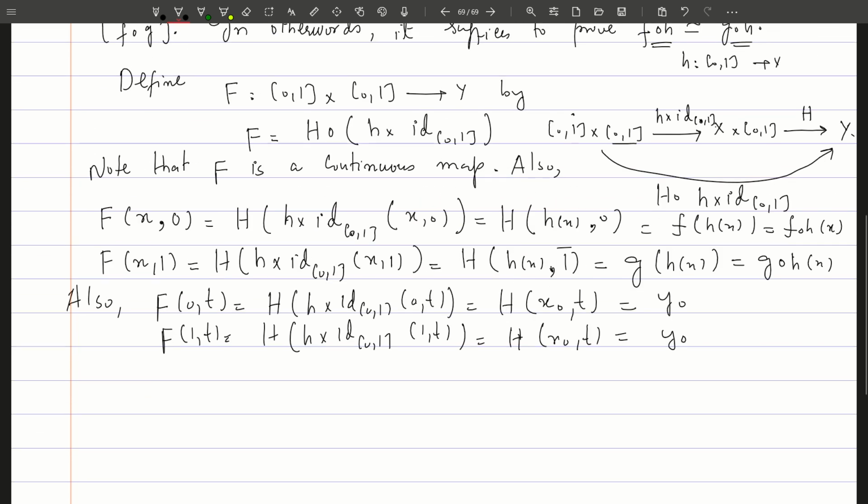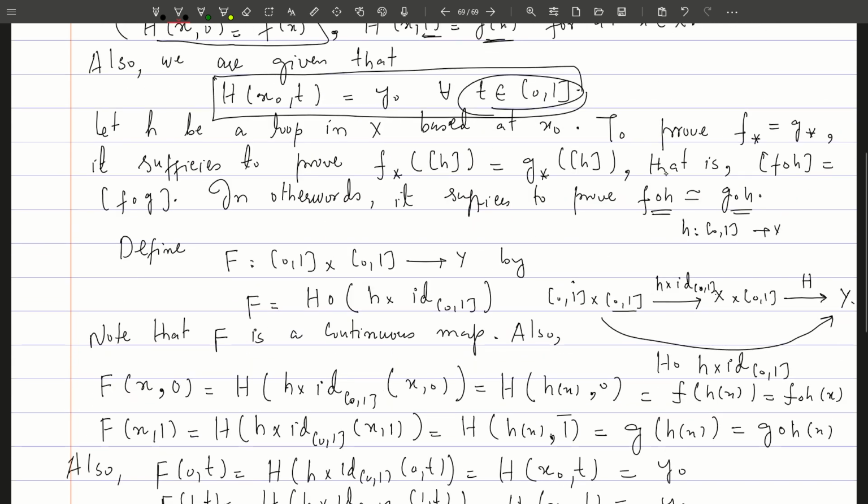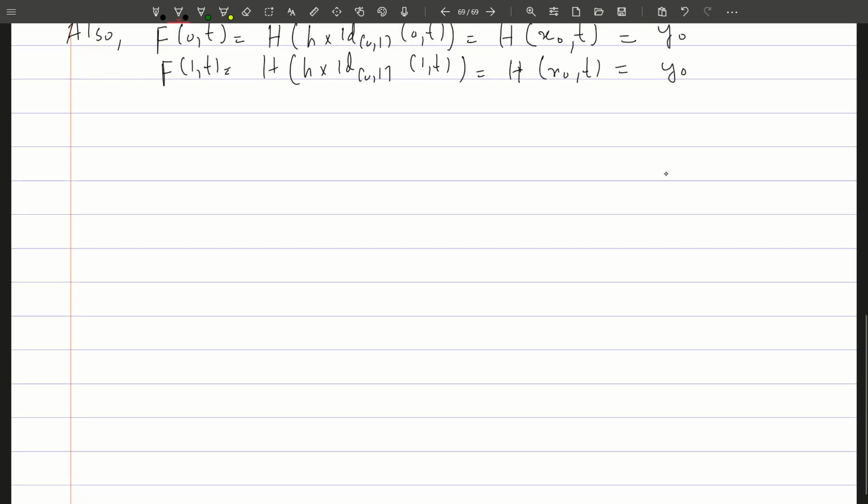So that means these two maps are path homotopic. Hence these homotopy classes are equal, which proves that f star of [h] is g star of [h]. So this proves f star is the same as g star.